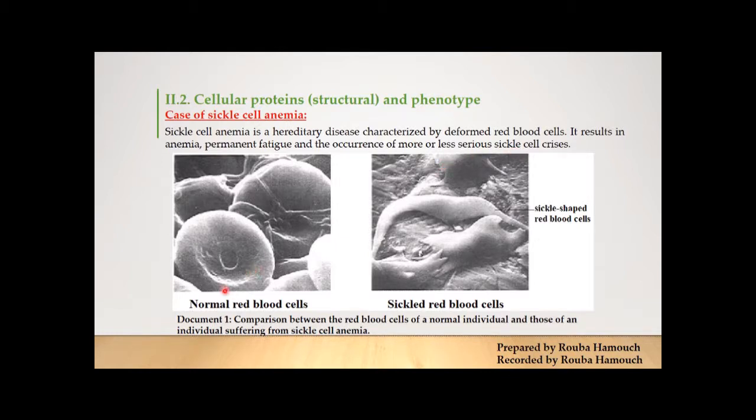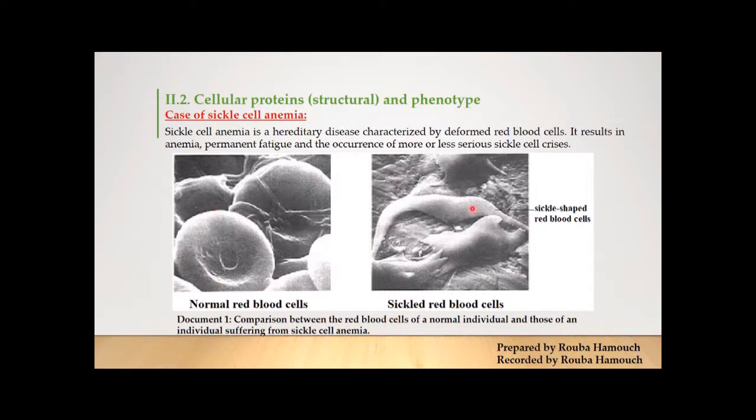If we observe document 1, by comparing the normal red blood cells to the sickled red blood cells, we see that the normal red blood cells have a round spherical shape, which is consistent with blood circulation.